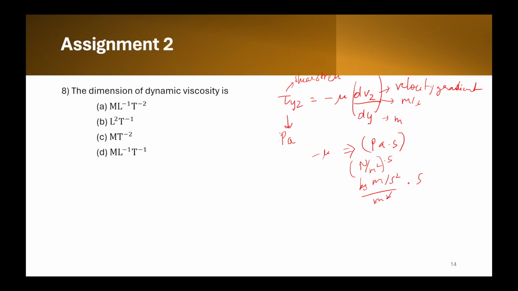So divided gets cancelled, one s gets cancelled. So kg per meter per second. So the dimensions of dynamic viscosity will be M L minus 1 T minus 1, because this is kg per meter per second.